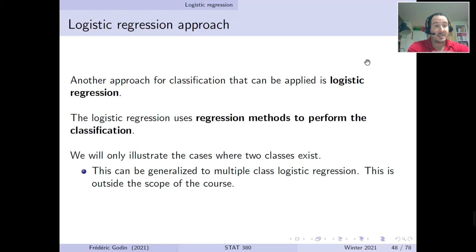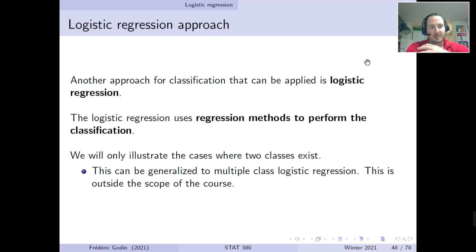Although logistic regression is a classification method, we're going to see that it uses concepts of regression to perform the classification. We will see how to turn a classification problem into a regression one.